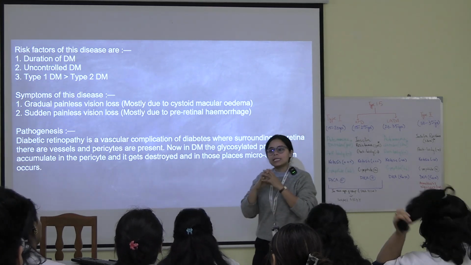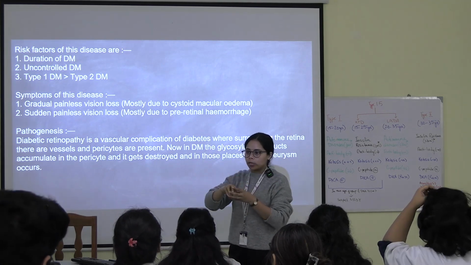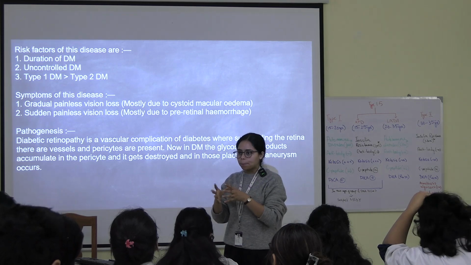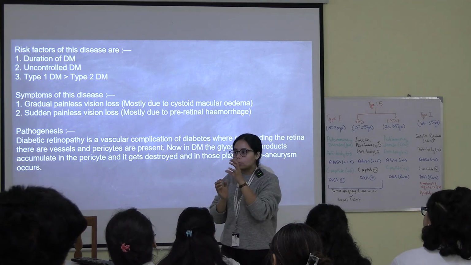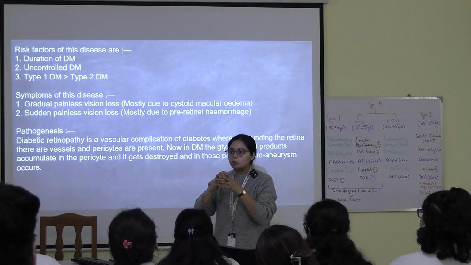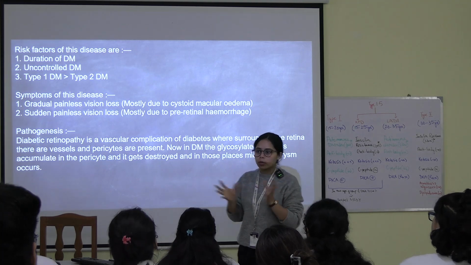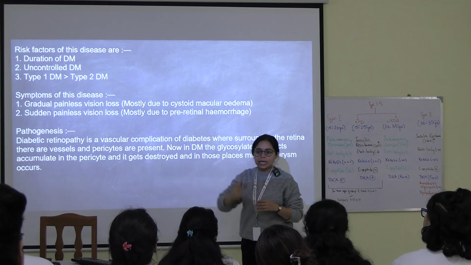Now suppose in the cells the glucose rich products went and accumulated. It will destroy them and cause aneurysm. Aneurysm means clumped blood. Before bursting out there will be a clump, right? Accumulation of blood will be there, then it will burst out and give the hemorrhage, that is the bleeding that happens.